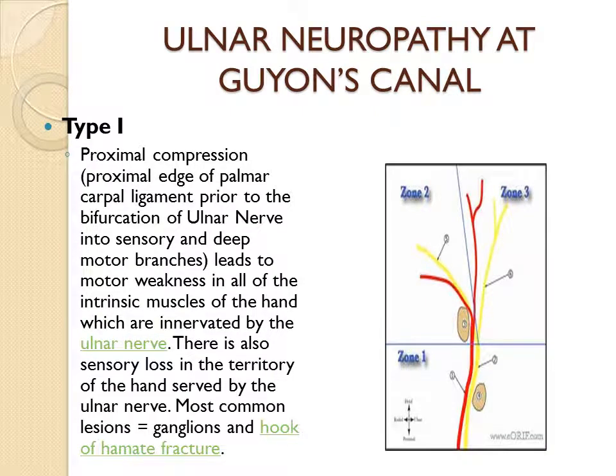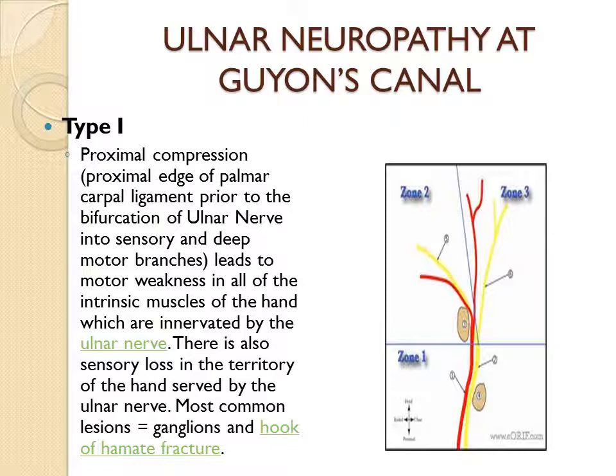Type 1 lesions are a proximal compression of the ulnar nerve, meaning that the compression takes place at the proximal edge of the palmar carpal ligament prior to the bifurcation of the ulnar nerve into its sensory and deep motor branches. So it leads to both sensory and motor findings since the compression is prior to its bifurcation.